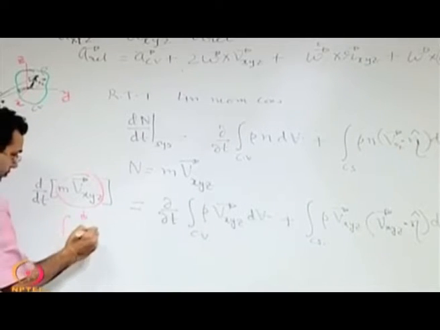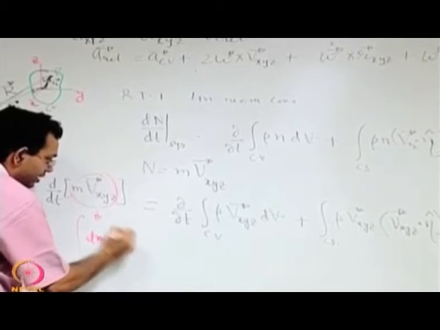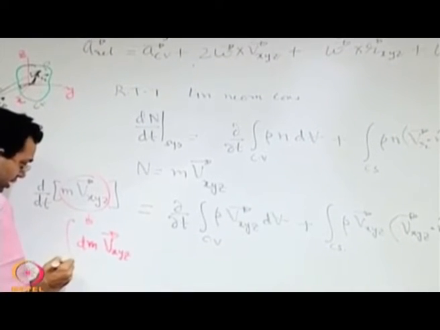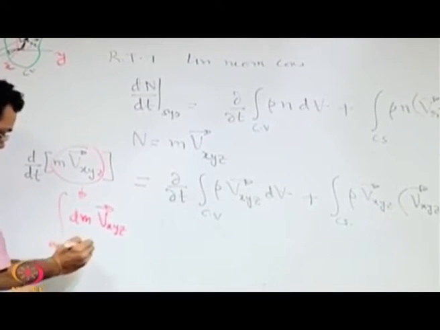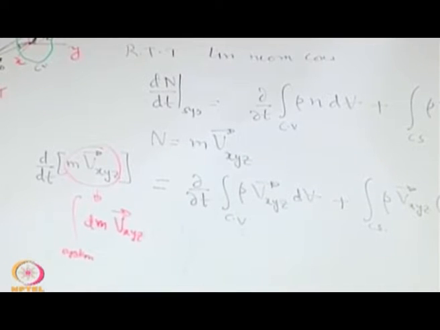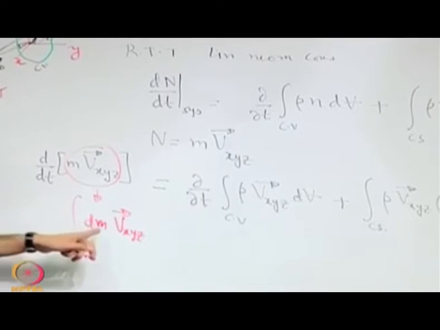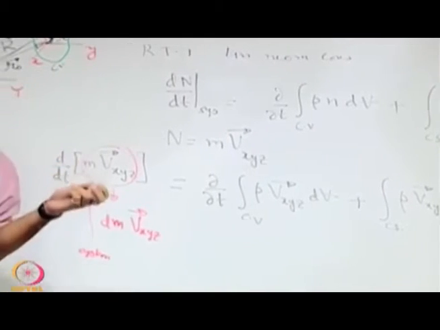Integral of dm V small xyz over the system. The reason is quite clear that at different points in the system it might have a different velocity.